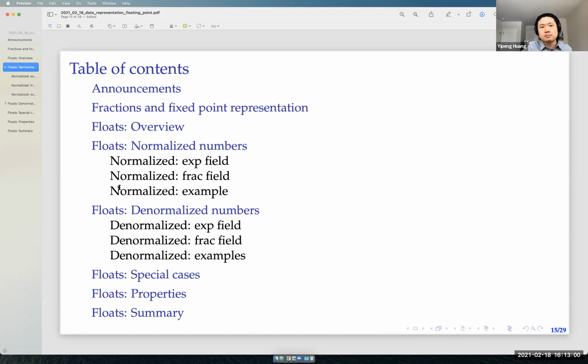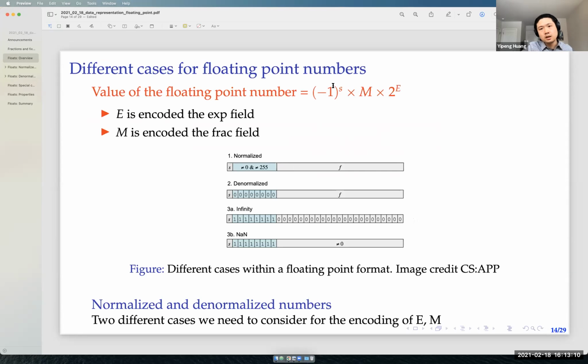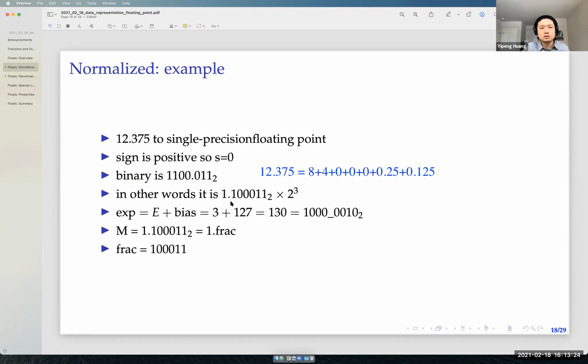All right, so remember our number that we're trying to encode is this number here. And to encode M, we make it so that the single one is implied and we record the rest of the fraction. So let's look at that in action.